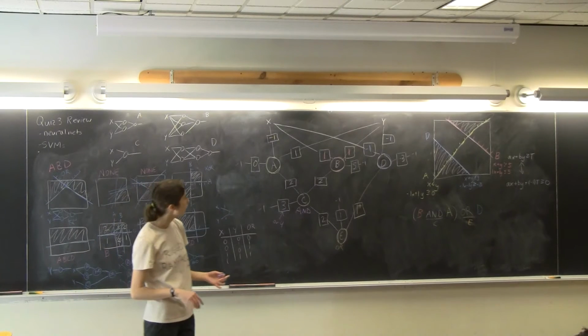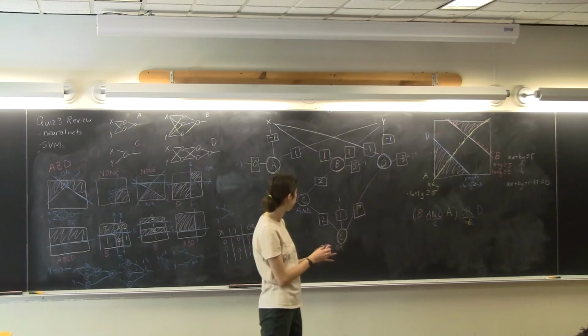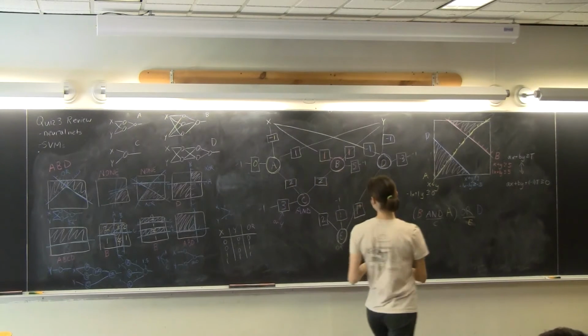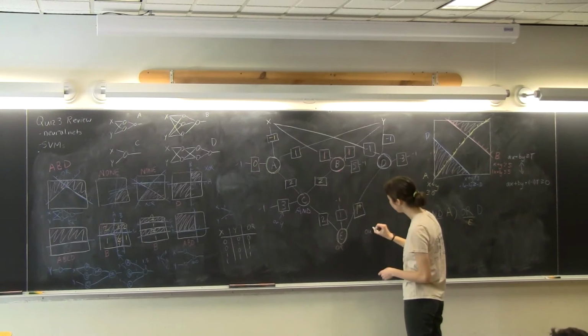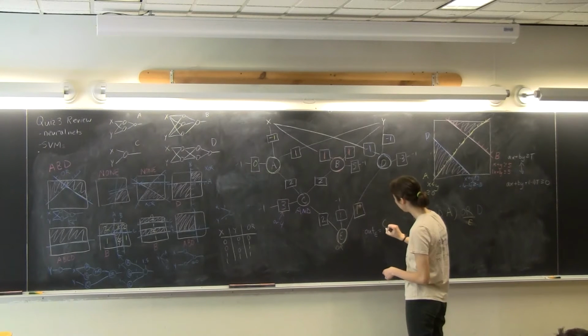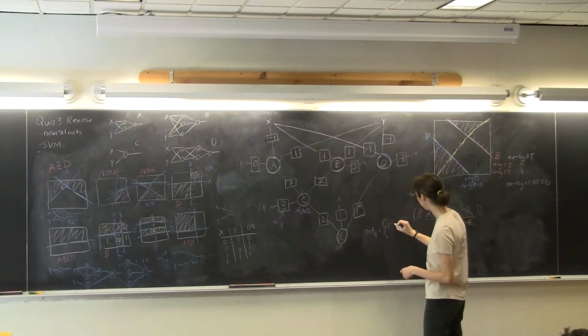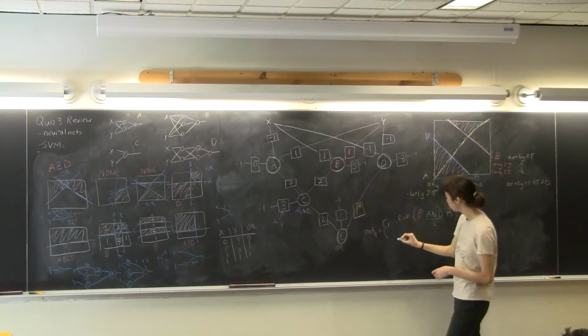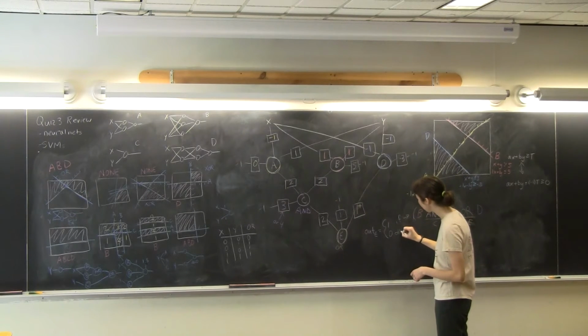So now we have a neural net that produces this picture. And if we wanted to write an equation for the output, there are many ways we could do it. We could say the output of E is going to be 1 if this thing is true and 0 otherwise.